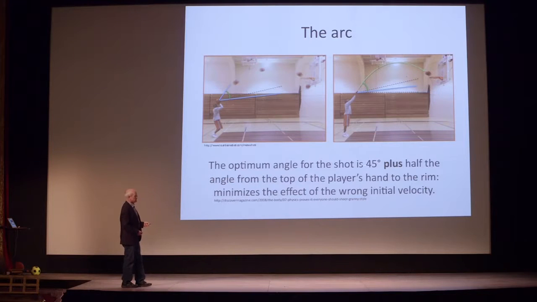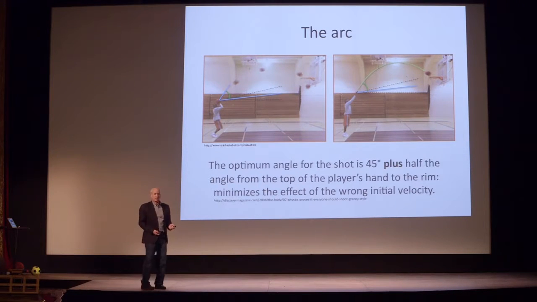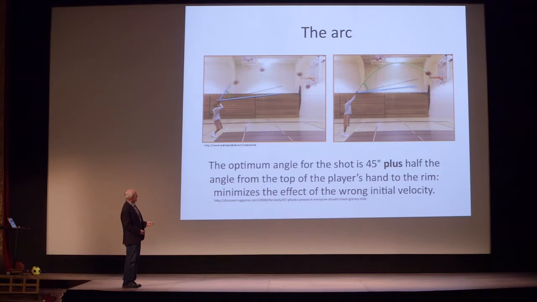It turns out that this is empirical. This means that a scientist took a basketball team from Brooklyn College, apparently, and studied with very good shooters at what angle they were most successful, and found out that the angle was 45 degrees plus half the angle from the top of the player's hands to the rim.